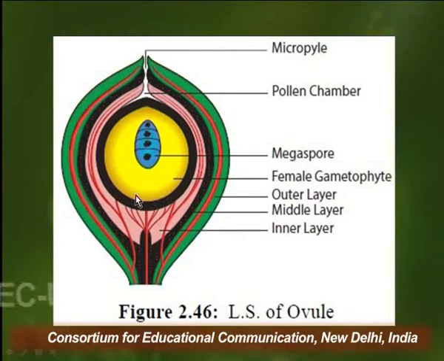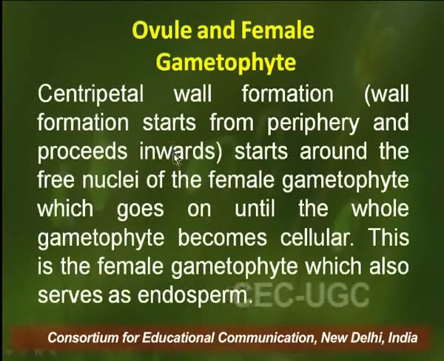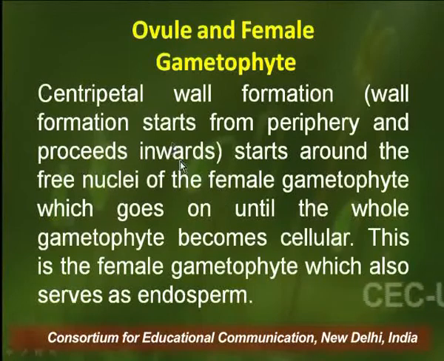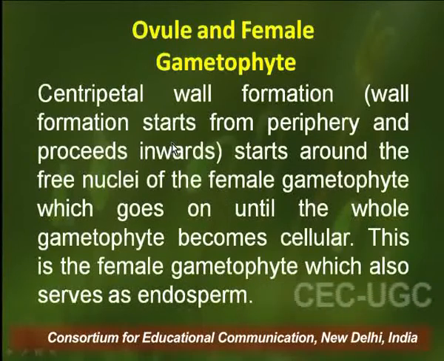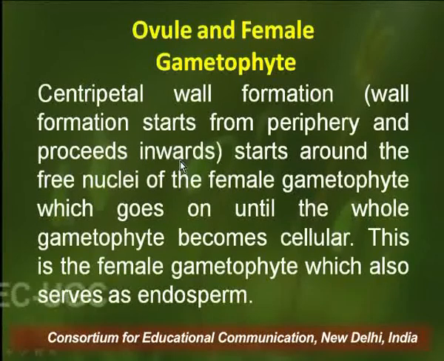This female gametophyte is surrounded by the nucellus. There is a division in centripetal formation which starts around the free nuclei of the female gametophyte, which goes on until the whole gametophyte becomes cellular. Now this female gametophyte also serves as endosperm. So the endosperm in case of gymnosperms is always haploid in nature.